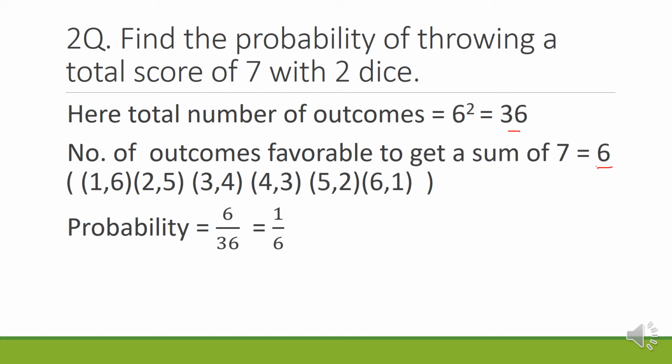Those favorable outcomes are 1 comma 6, 2 comma 5, 3 comma 4, 4 comma 3, 5 comma 2 and 6 comma 1. So the probability is favorable outcomes by total number of outcomes, that is equal to 6 by 36, which is equal to 1 by 6.